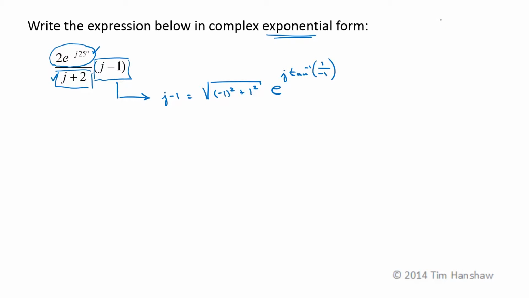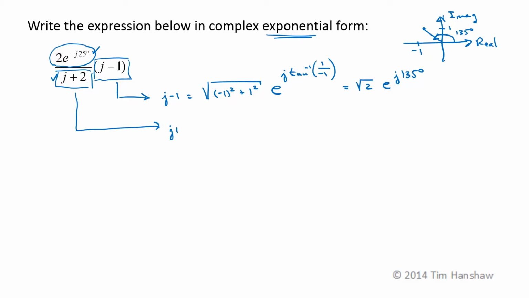Now again, we want to check what quadrant this is actually going to be in. So if this is our real imaginary axes, I have a real part of −1, an imaginary part of 1. My number is here, and that should actually be 135 degrees. So this becomes square root of 1 plus 1, which is square root of 2, e to the j 135 degrees.